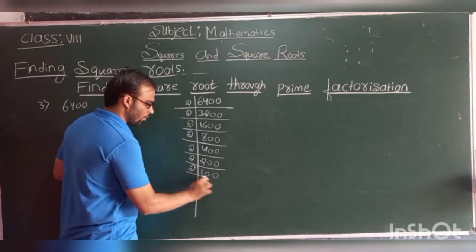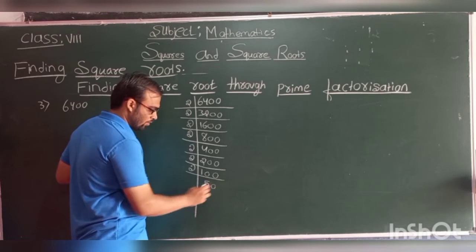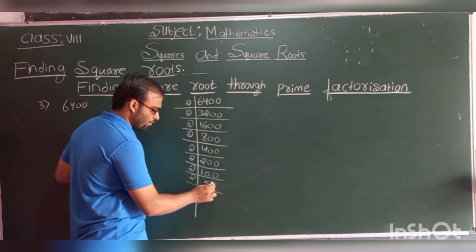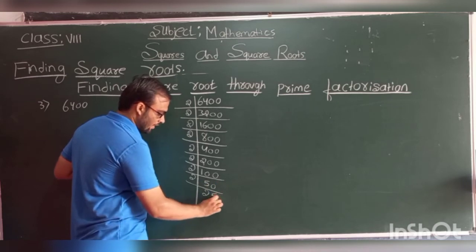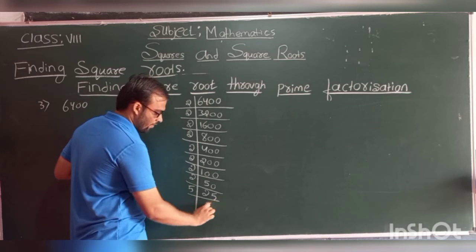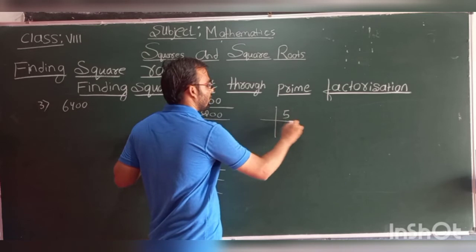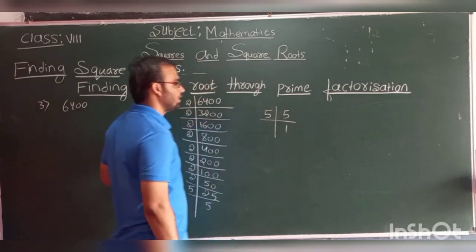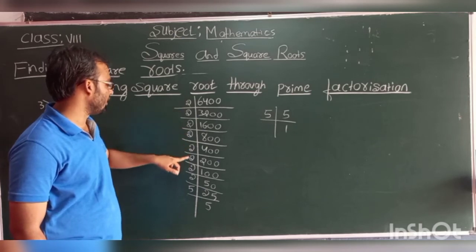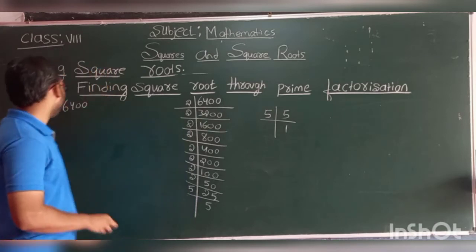Next, 2 5s are 10 and 0. Next, 2 2s are 4, 1 remains, it will become 10, 2 5s are 10. Okay, next, 5 5s are 25, and here 5 1s are 5. Then count 1 2 3 4 5 6 7 8. 8 times 2 and 2 times 5.